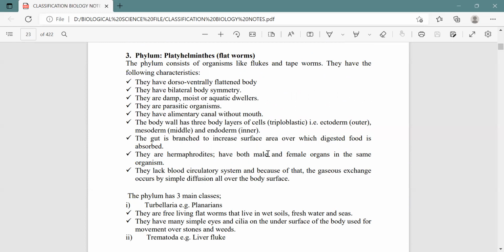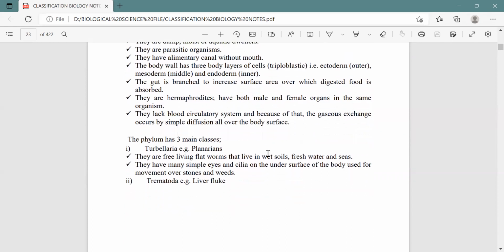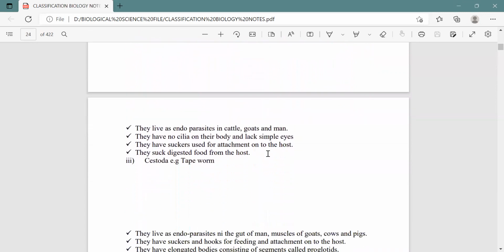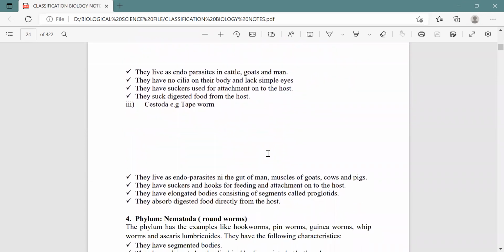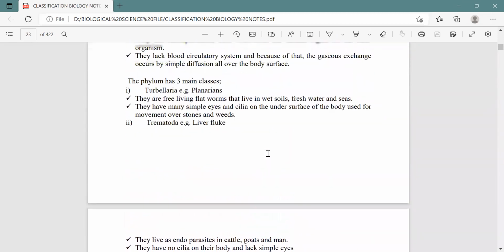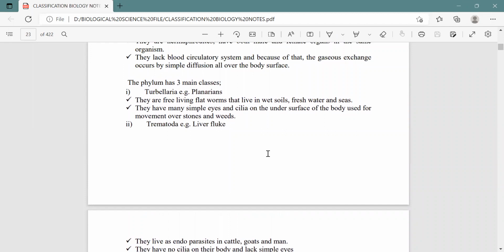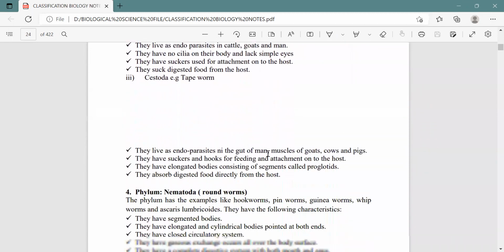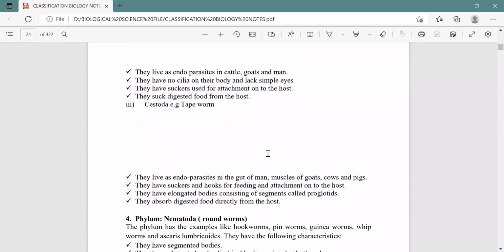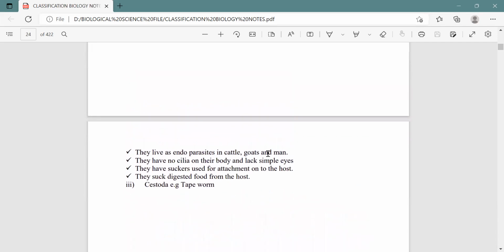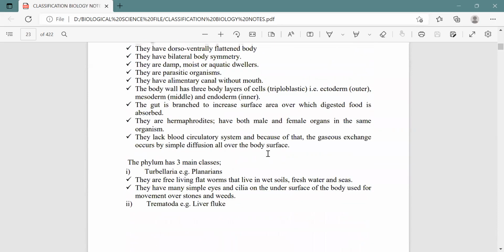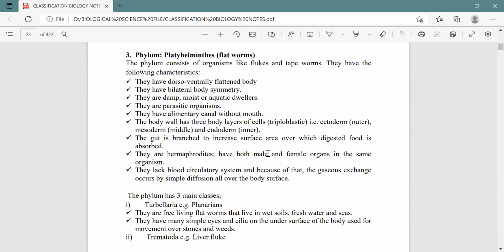So when you hear worms like the liver fluke, worms like the pork tapeworm, worms like the beef tapeworm, the roundworm, the hookworm, the pinworm, and the like, then you know that we are talking about phylum Platyhelminthes, the flatworms.